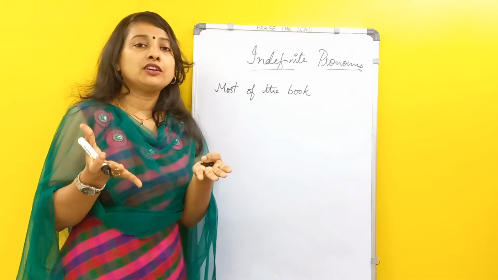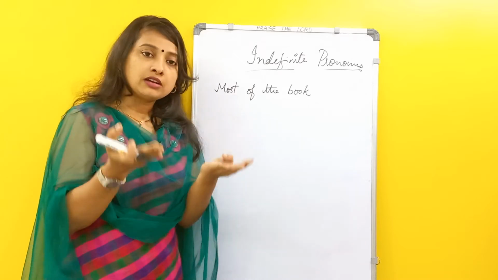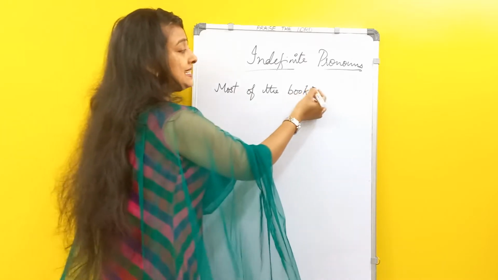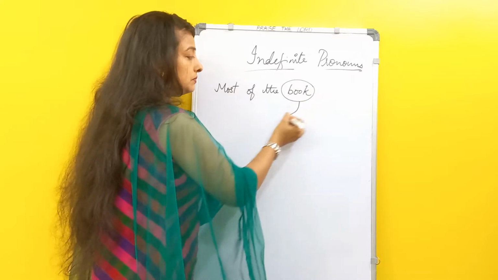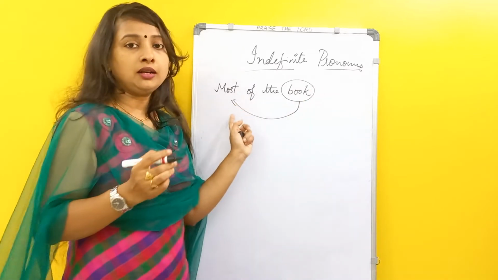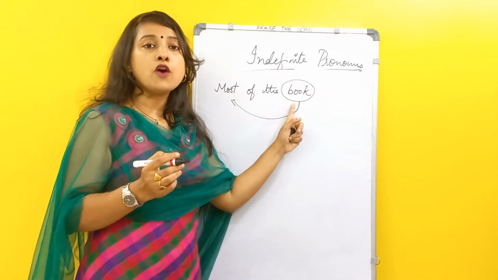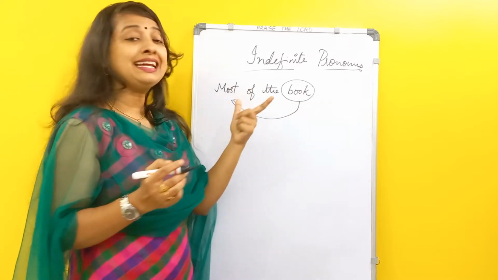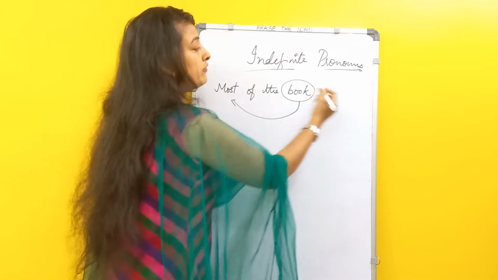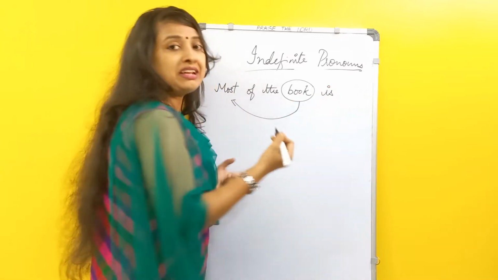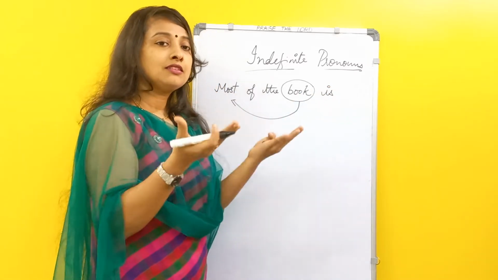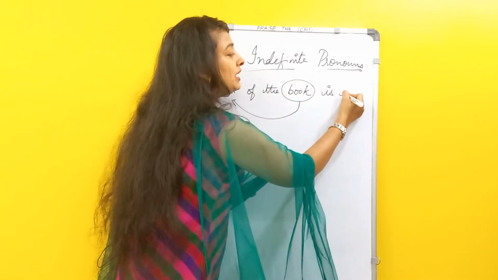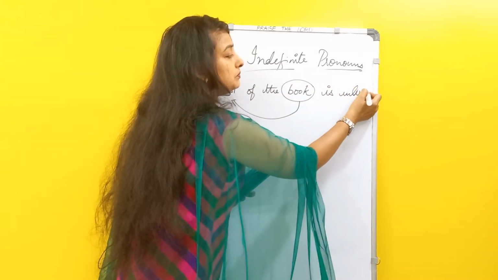Most of the book which I am reading means out of a single book, you can see the noun form is singular. Along with the word, if the noun form is singular, you will be using it as singular. Most of the book is interesting. So, what I am reading is most of the book is interesting.